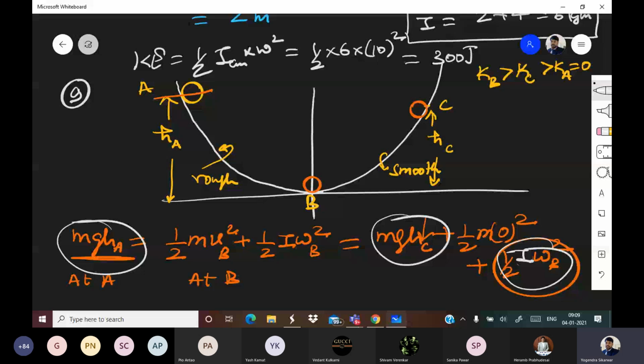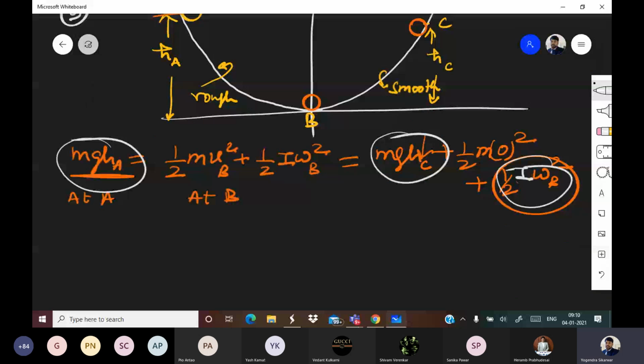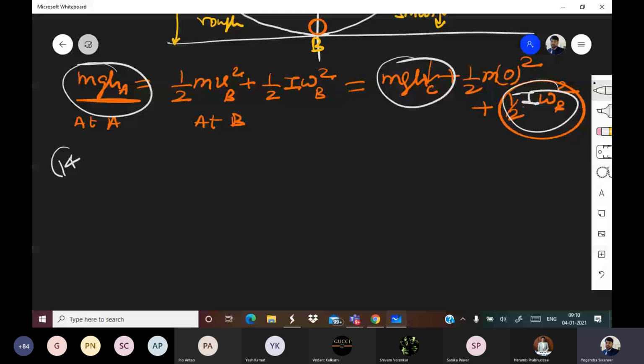Question number 14, Davis is asking. Question number 14 says the distance of centers of moon and earth is d.